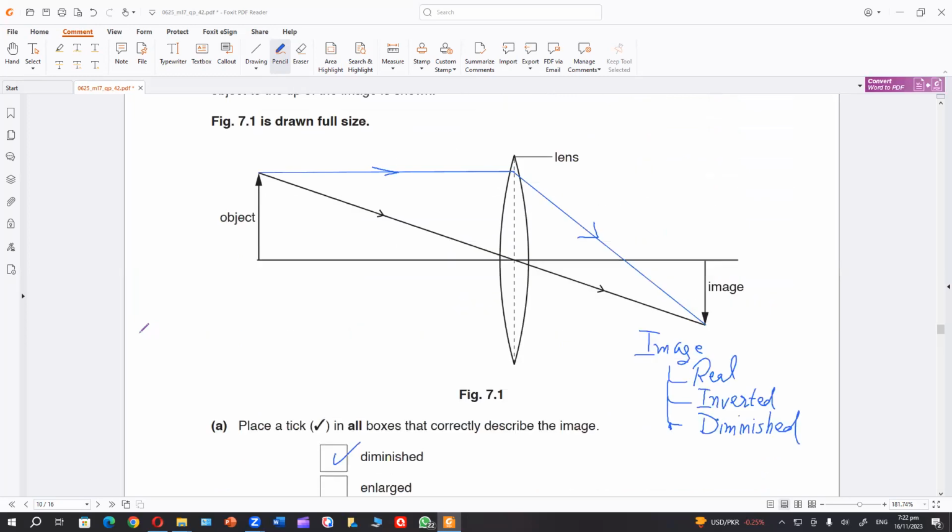Remember that there are total three rays which can be drawn to make an image.